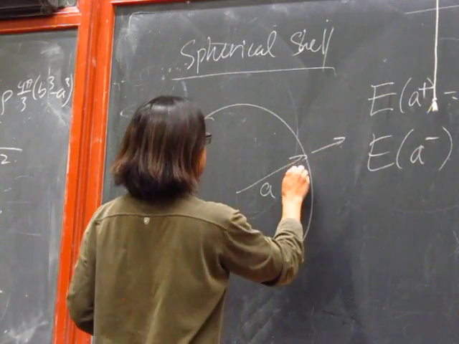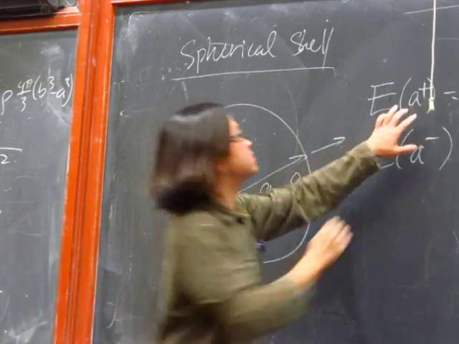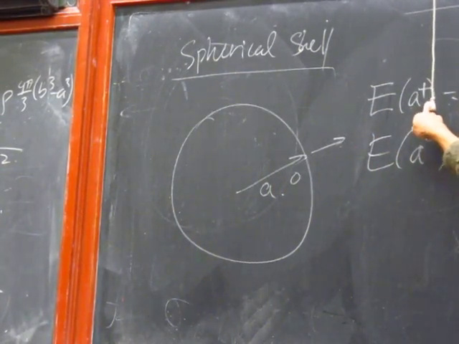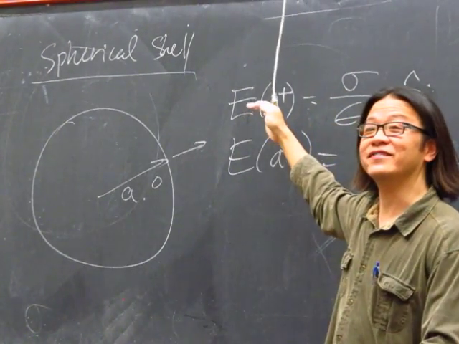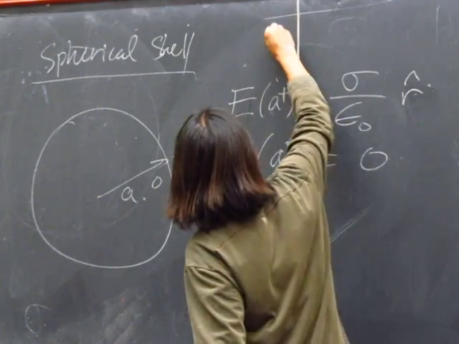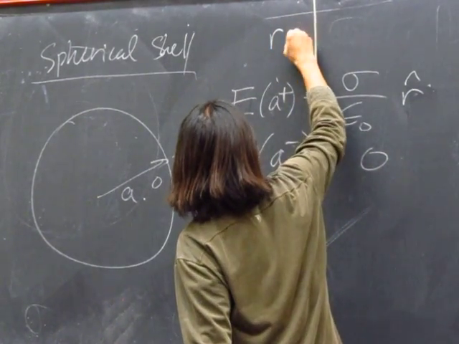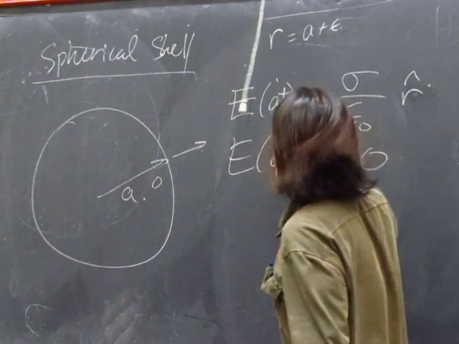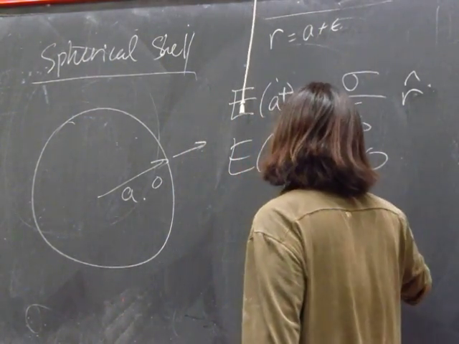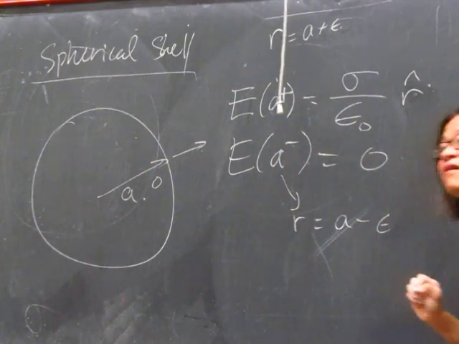Can you say what is E of A plus? This is just slightly outside of the sphere. Maybe it's a bad definition. I'm just saying this is for r equal to A plus some small number, and this is at r equal to A minus some small number.